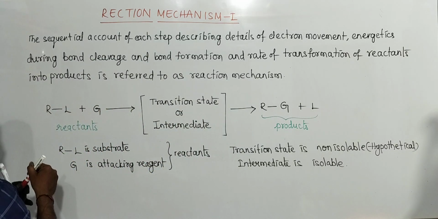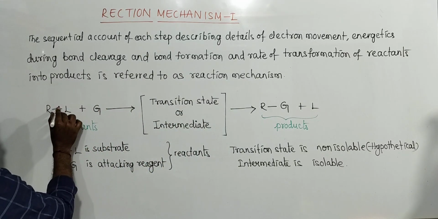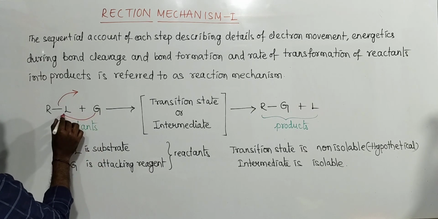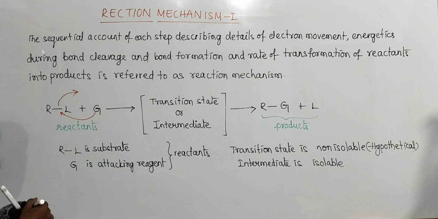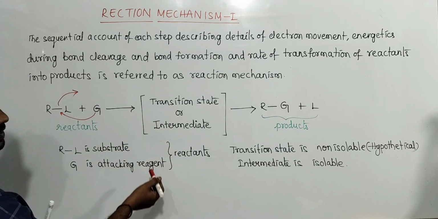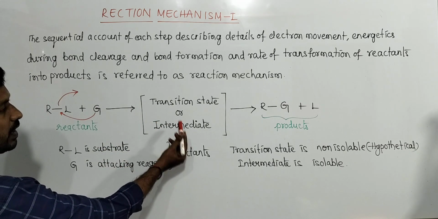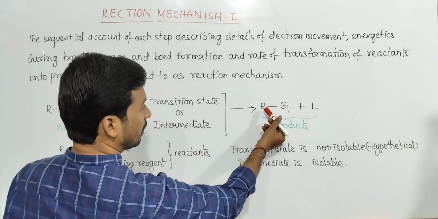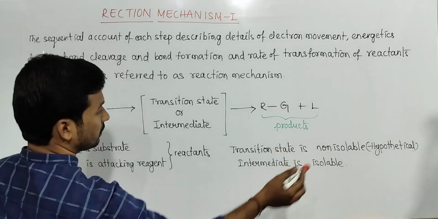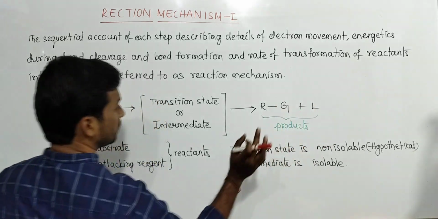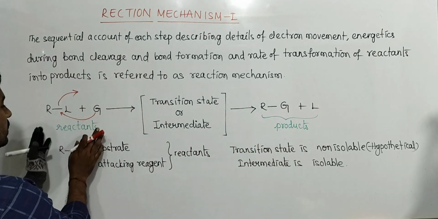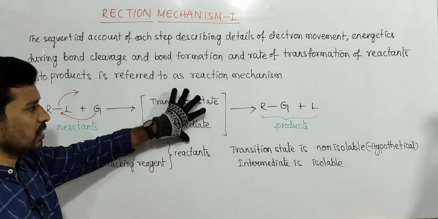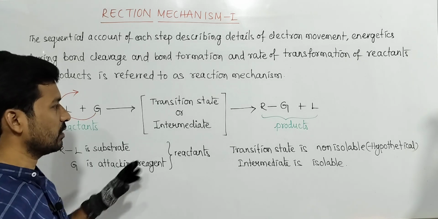Here the leaving group goes out and the incoming attacking group attacks this R. It gives some transition state or maybe intermediate, both are different. Finally G forms a new bond with R and L comes out. So RG and L are the products, RL and G are the reactants, and this is some intermediate state or transition state.